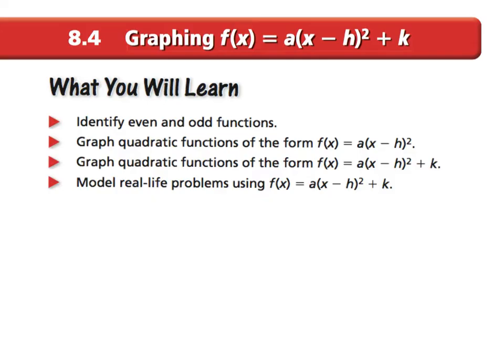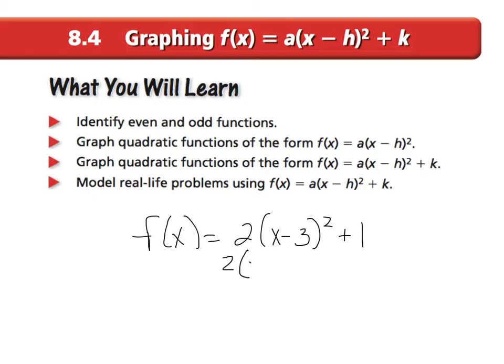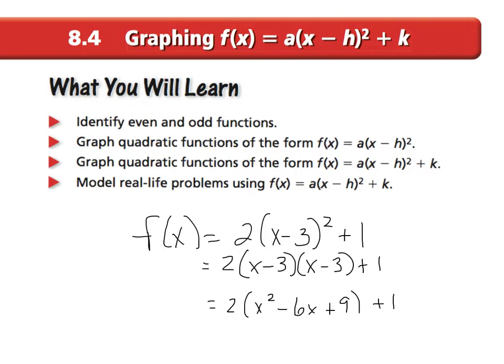Before I begin, let me first tell you this. You're going to have problems that look like this: f of x equals 2 multiplied by x minus 3 squared plus 1. You absolutely could FOIL or multiply the binomials x minus 3 and x minus 3, and then you would get x squared minus 6x plus 9 plus 1.